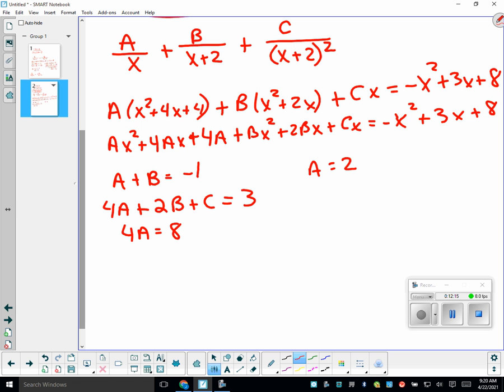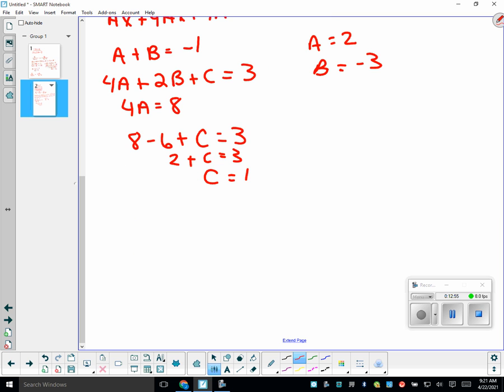Now, if I know a, I can find b from a plus b. What is b? If I know a and b, I can find c, because I have 8 minus 6 plus c equals 3, right? 2 plus c equals 3. What is c? 1.